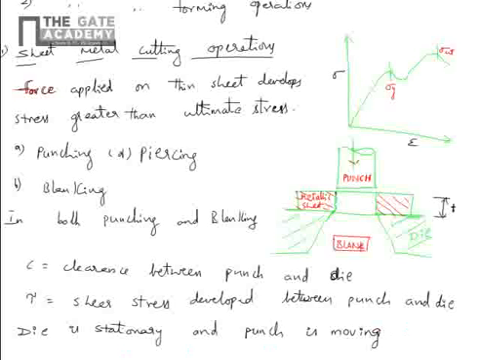Another point is that the die size is always greater than the punch size. The punch has to go inside and create a hole, so there has to be a space between the punch and die. It is called clearance. Because of the clearance, the punch size is less than the die size.